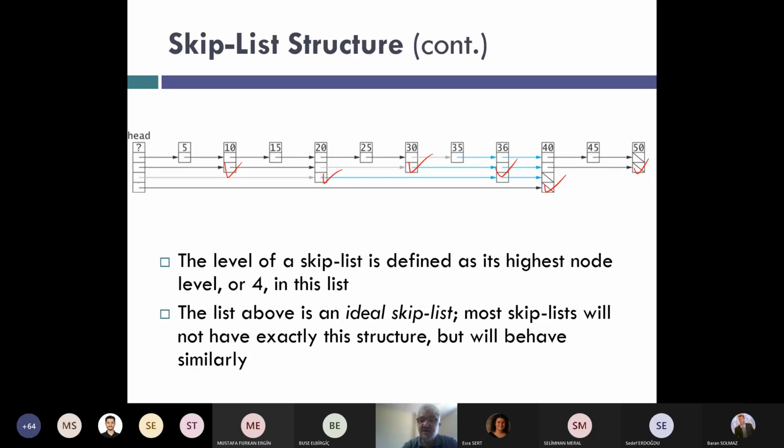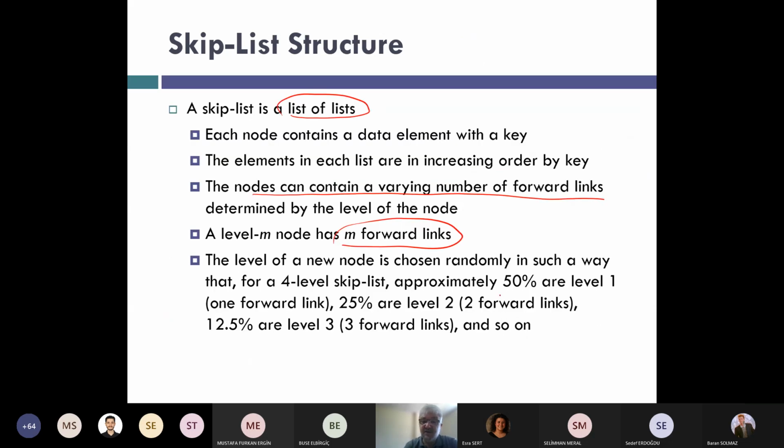And 1 of them is level 4, right? We can say that half of the elements are level 1, 25% are level 2, 12.5% are level 3, etc.